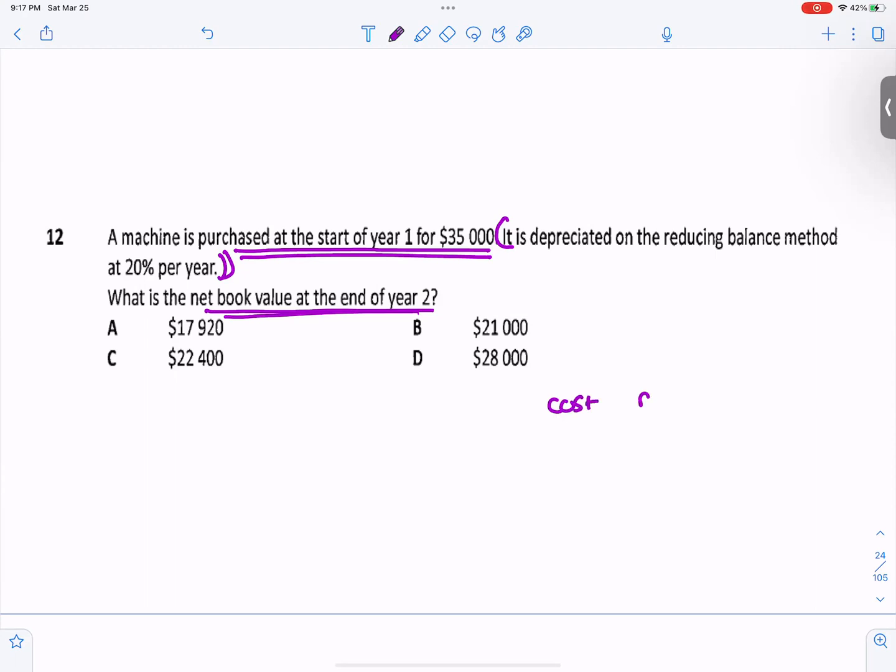Cost, depreciation, net book value. Year 1, 35,000. 20% is 7,000. Net book value 28,000.